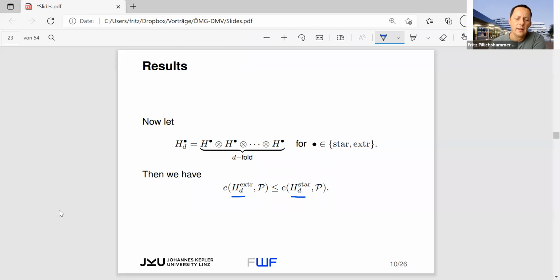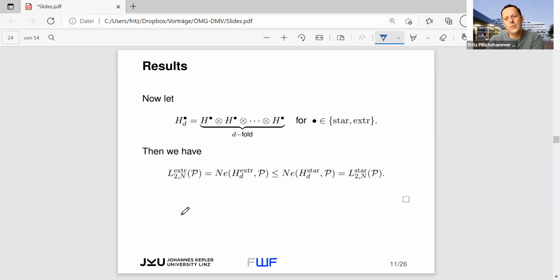That's easy and well known in the theory of reproducing kernel Hilbert spaces. And then one can see, after some work, but not difficult work, that the left-hand side is exactly the L2 extreme discrepancy, and the right-hand side the L2 star discrepancy. And so we have the relation that I announced in the theorem.